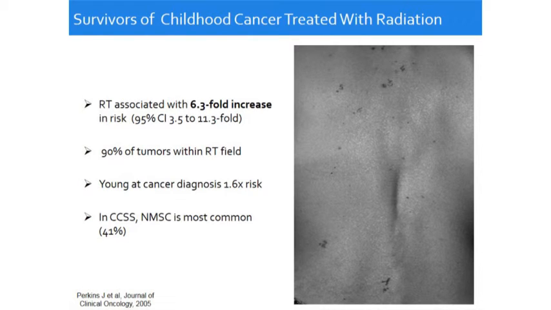So radiation therapy is associated with a 6-fold greater risk in the development of basal cell carcinomas. In this analysis of over 16,000 patients, 90% of tumors were within the radiation therapy field. And being very young at the diagnosis of cancer provided a greater risk.